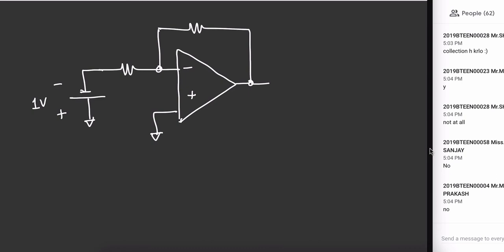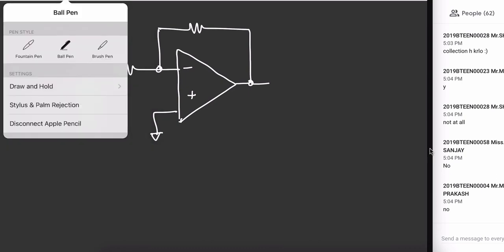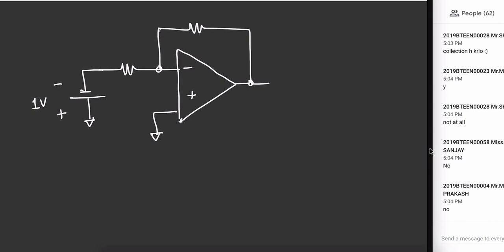Okay, since the voltage at this point is minus 1 volt, and this is again 0 volt because of the virtual short concept, the polarity will be like this, because the left hand side is negative. So the current will flow like this.